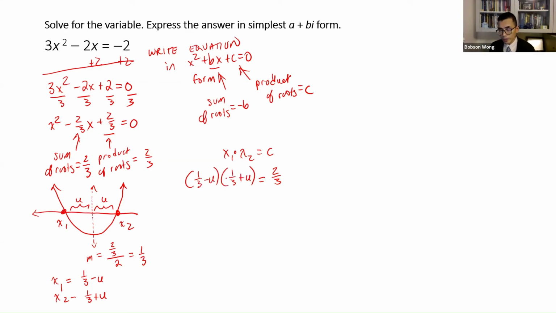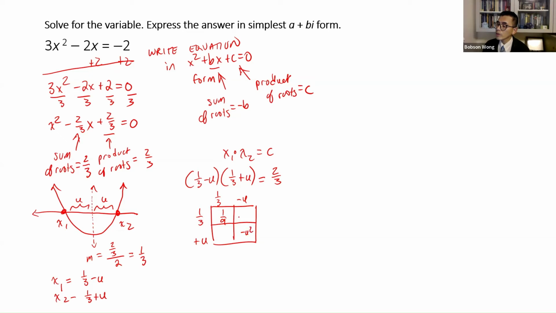So we can use a box to multiply. Once you get more familiar with this method, you can skip this step and go directly to the next step. 1/3 times 1/3 is 1/9.